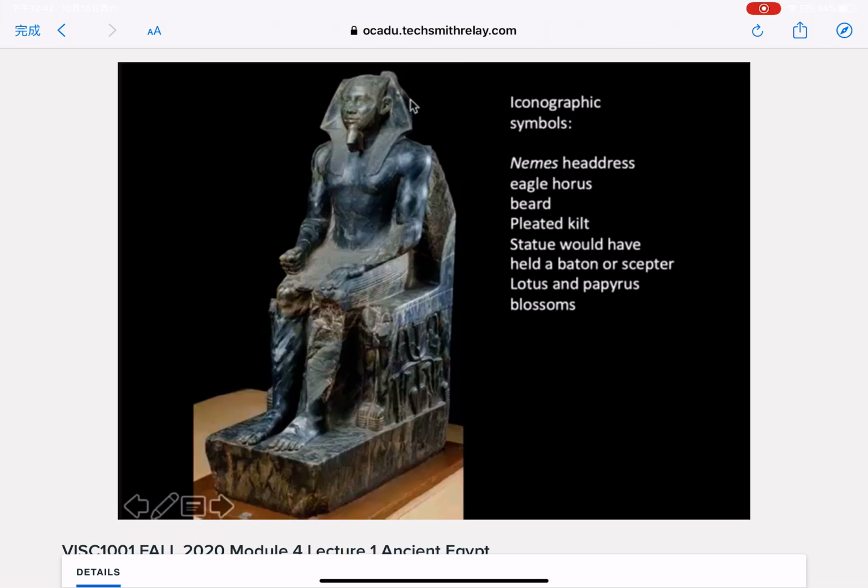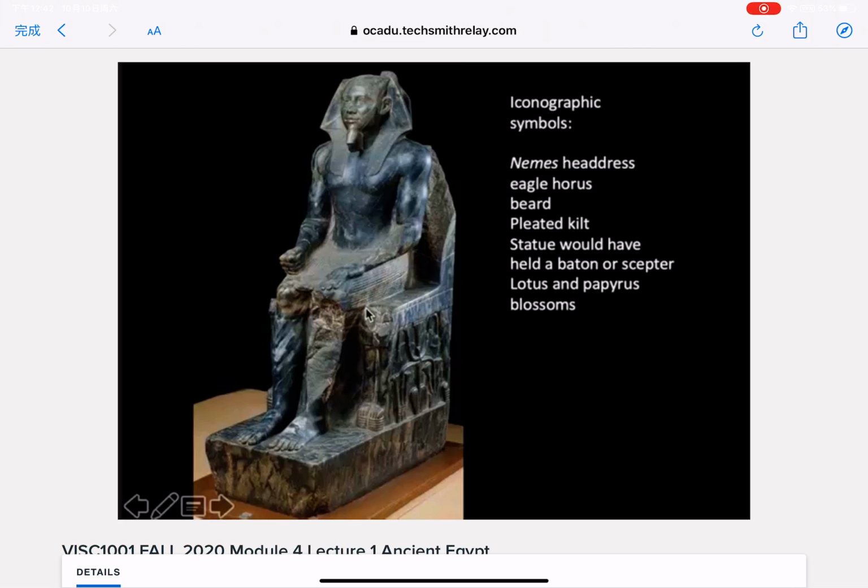Okay, the bird-like creature that represents Horus, whether it's a falcon or a hawk. The fact that Khafre has a beard. And fun fact, if you look very closely, there's a line down his cheek on the left and the right. That's because the pharaohs all wore a fake beard rather than a natural one that could be shaped using wax and probably wires to create a particular type of beard that's identifiable. So he wears a fake beard.